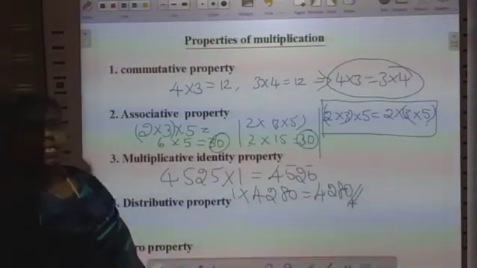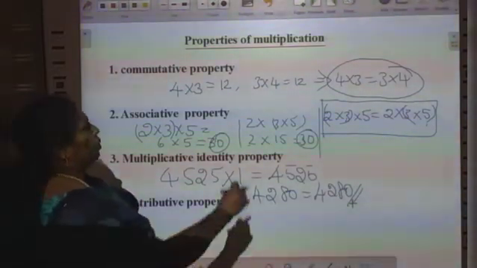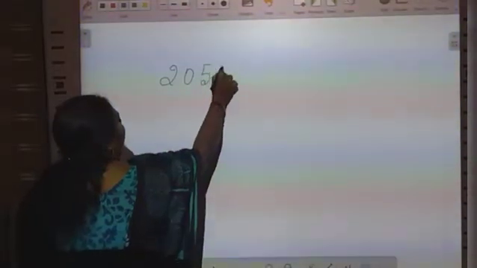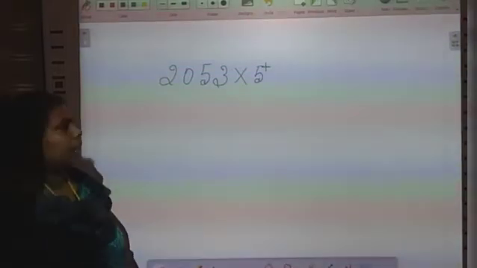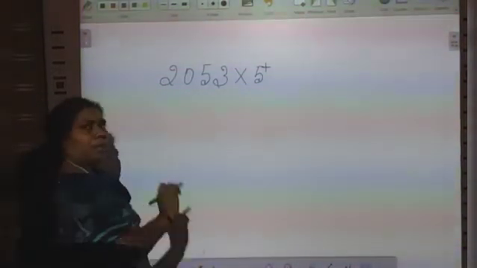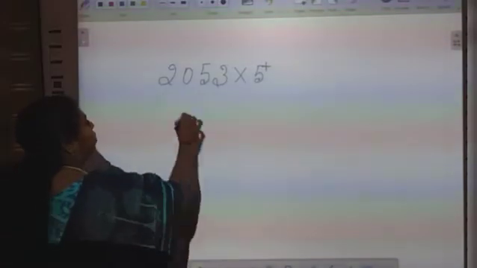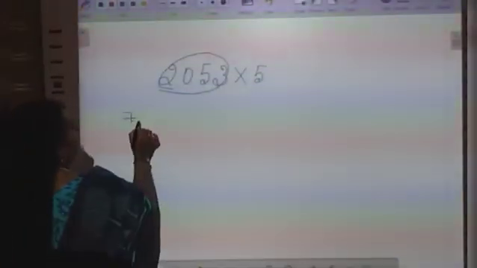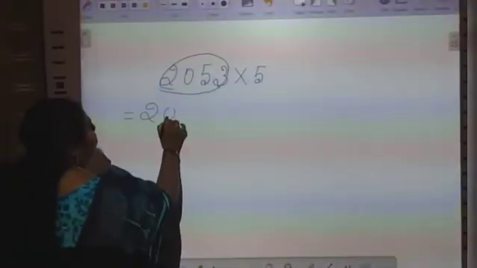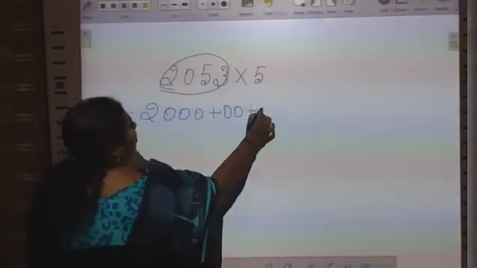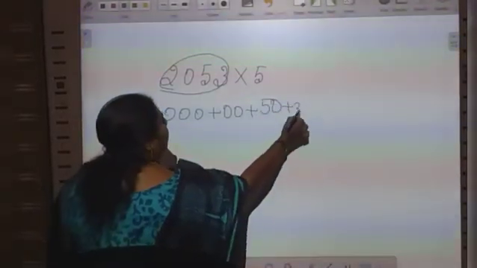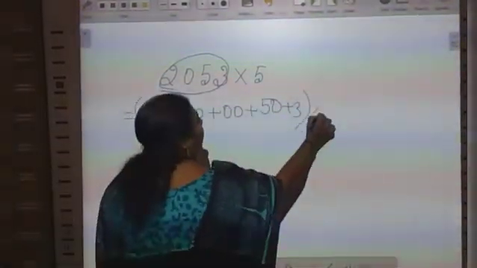Next, the distributive property. For example, 2,053 into 5. You know the expanded form, isn't it? The 4-digit number we make into expanded form: 2,000 plus 0 hundreds plus 50 plus 3, into this 5.